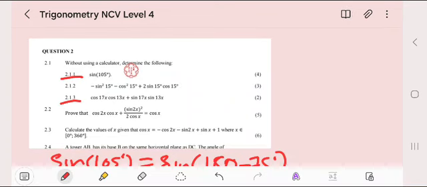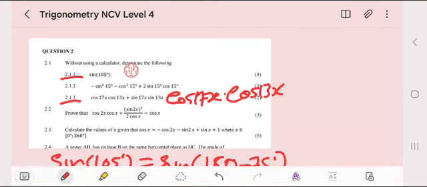We are here now. We have cos 17x multiplied by cos 13x plus sine 17x multiplied by sine 13x.